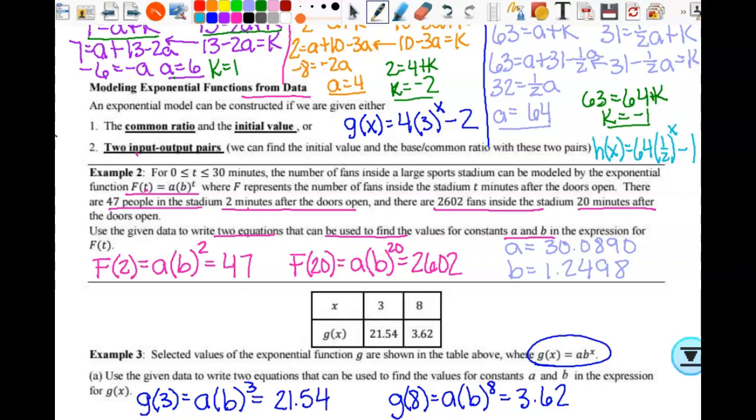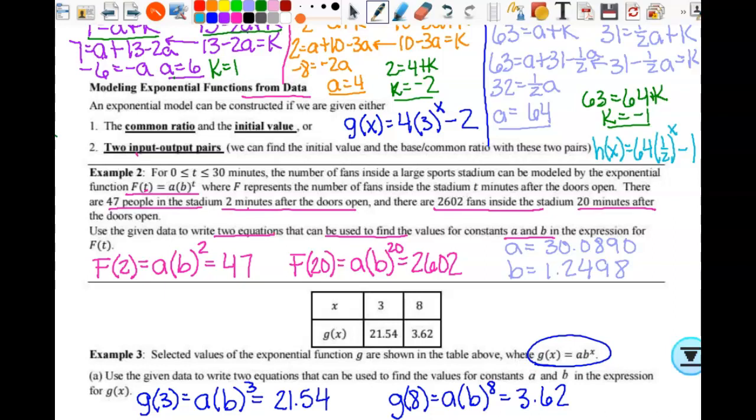What questions do you have? Could I have made this 2 instead of 1/2? And if so, how would that change the x? It would be a negative x.